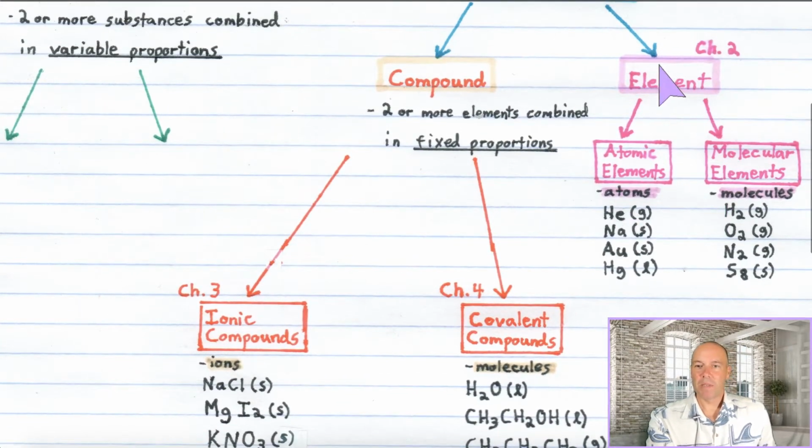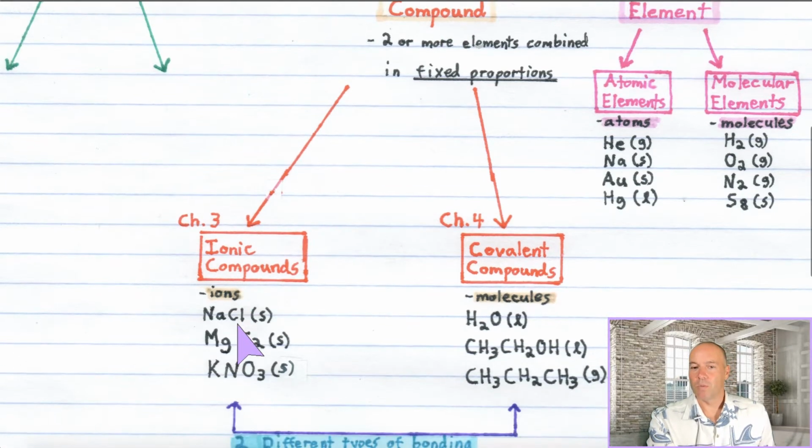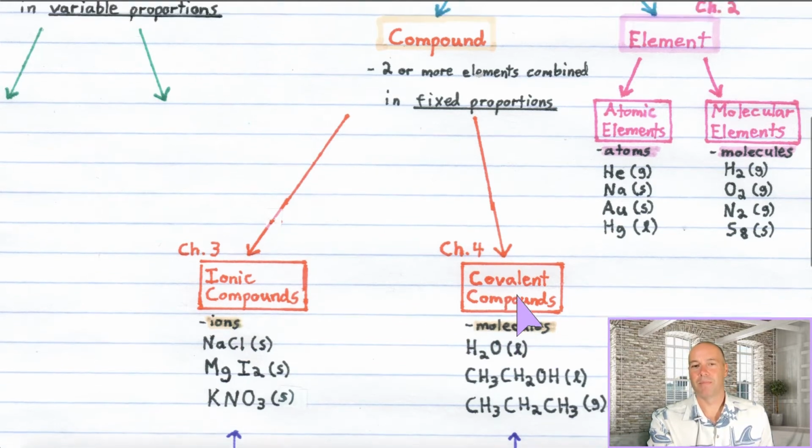Now, like elements can be divided into categories based on their particles that they're made of, compounds can too. And we can talk about ionic compounds, which are made of ions, and covalent compounds, which are made of molecules.